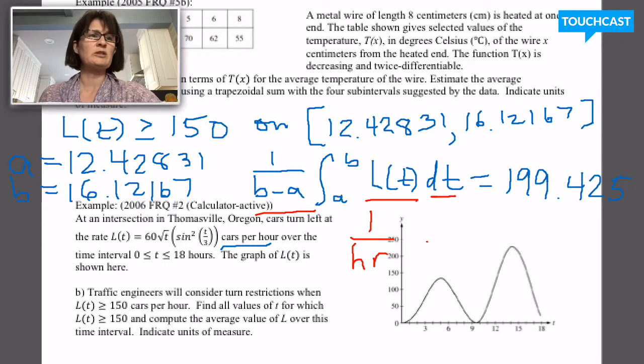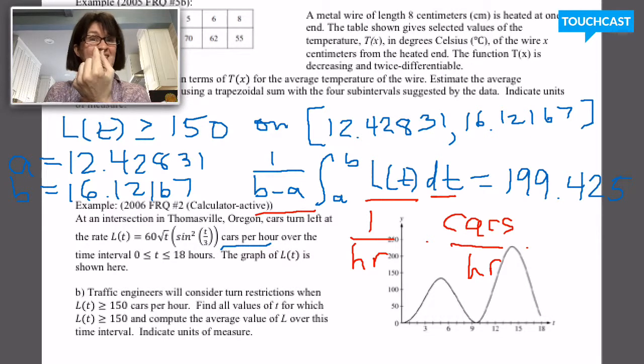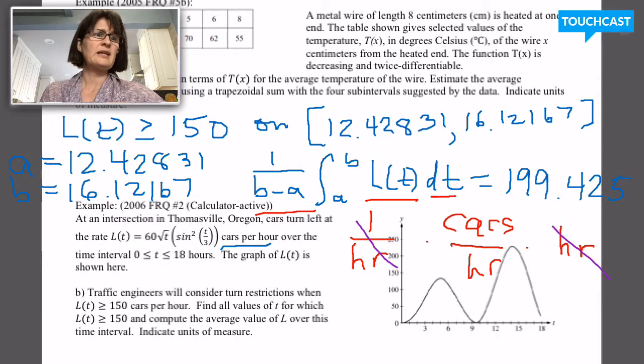So L of t is measured in cars per hour. And dt, a teeny tiny change in time, is measured in hours. So we have 1 over hours times cars per hour times hours. And you can see that 1 over hours and hours cancels out. And we have units of cars per hour.